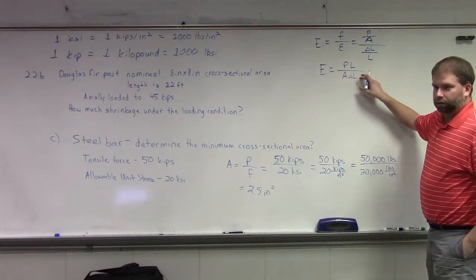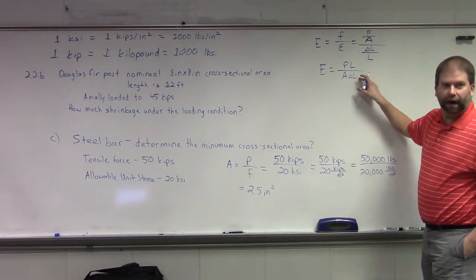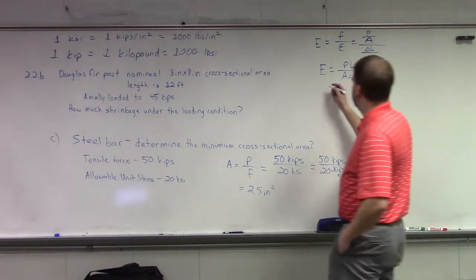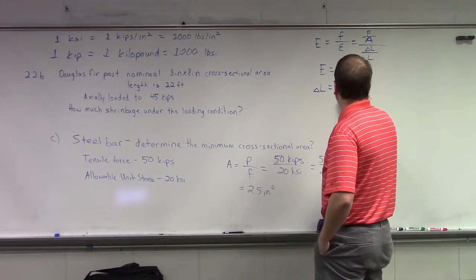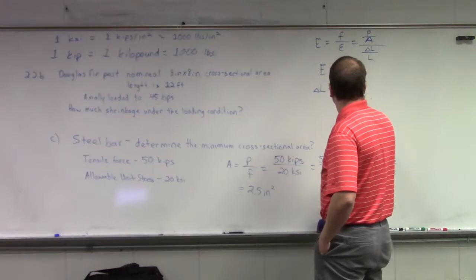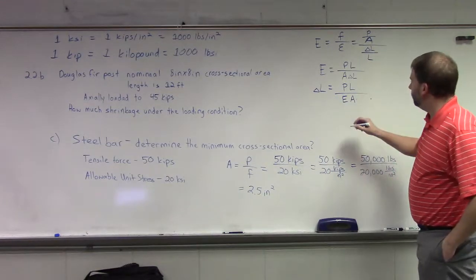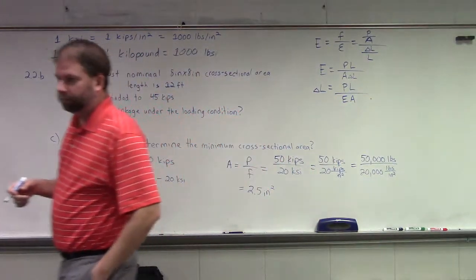Multiply both sides by your change in length, right? And then divide both sides by the modulus elasticity. Exactly right. Okay, so delta L is going to equal our load times our length of our material, divided by the quantity of the modulus elasticity multiplied by the area.